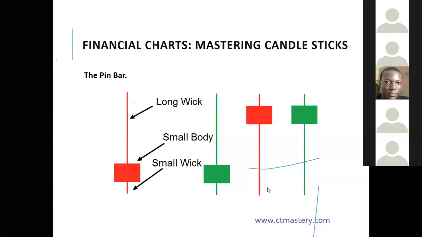Even in this lecture, I did not include the hanging man because I see them as almost the same thing. The hanging man also has a long tail, but the body is bigger, kind of. Me, I classify them as almost the same thing. That is the difference between the hammer and the hanging man. It looks like the hammer, but it has a bigger real body.